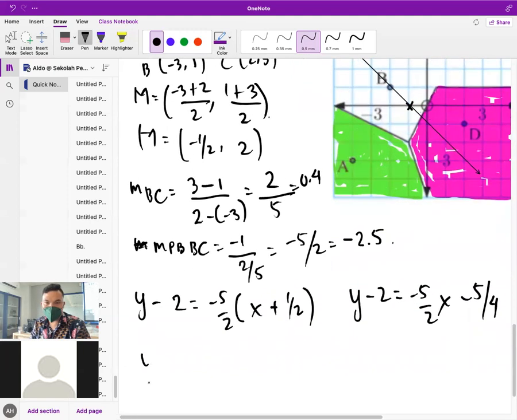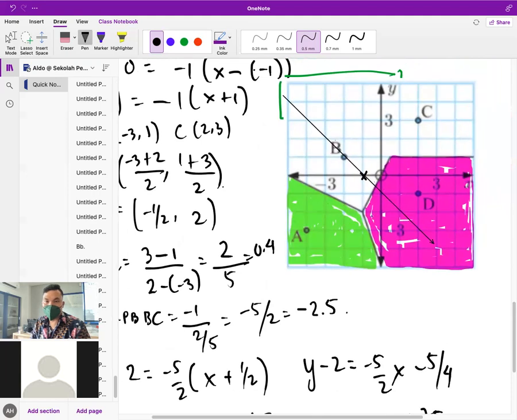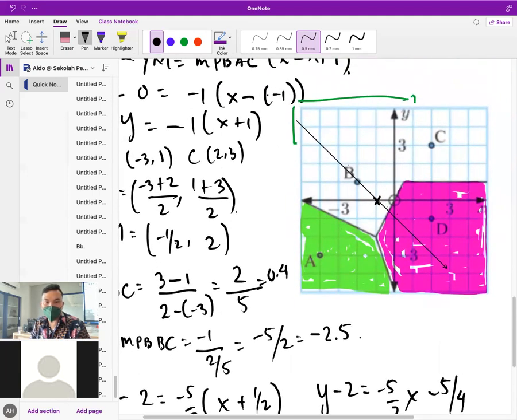So y is equal to minus 2.5x minus 1.25 plus 2. So y is equal to minus 2.5x plus 0.75. The midpoint is at minus a half and 2, here.